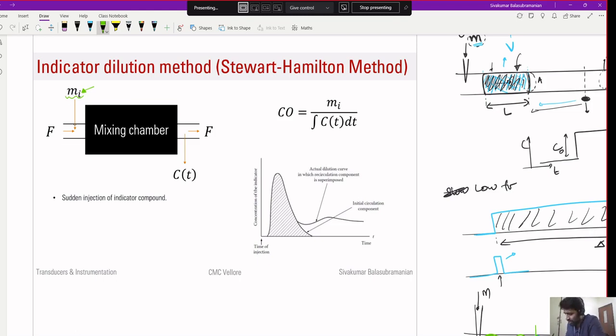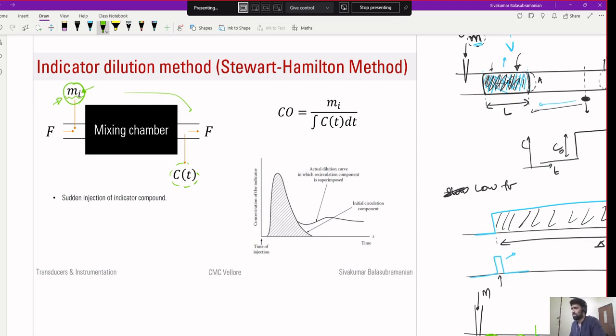For example, if part of this dye is catabolized and converted into something else by the time it reaches here, then your estimates would be wrong, because you've assumed that the mass Mi is still present in your circulatory system and being picked up by your sensor. Those issues have to be kept in mind.